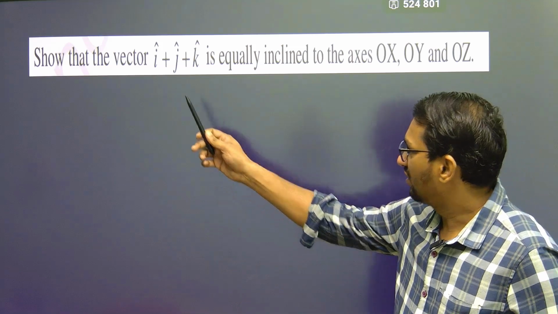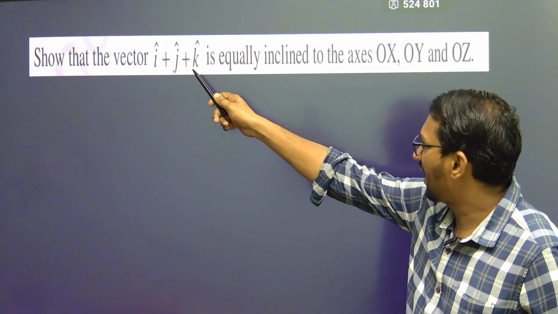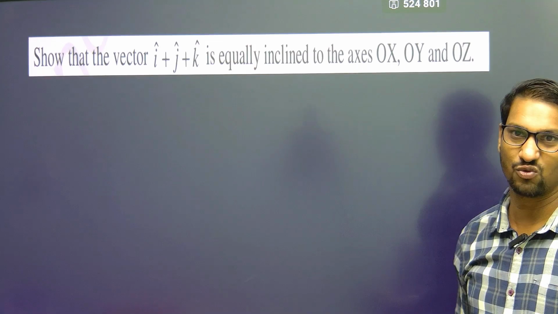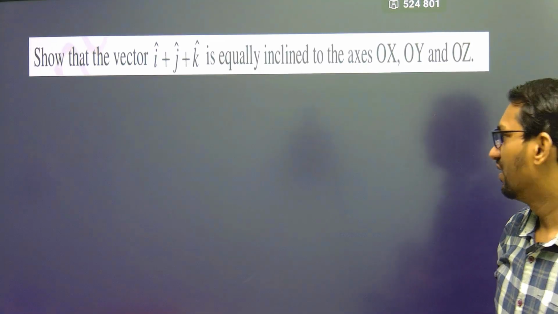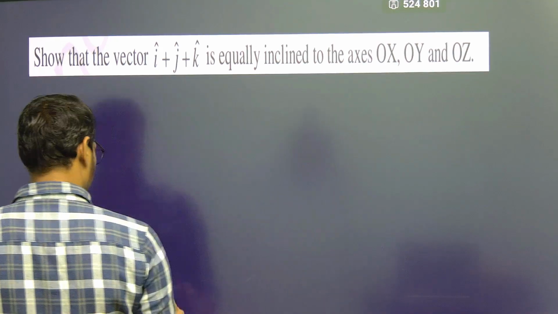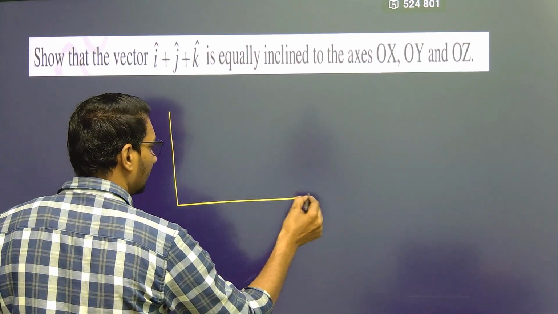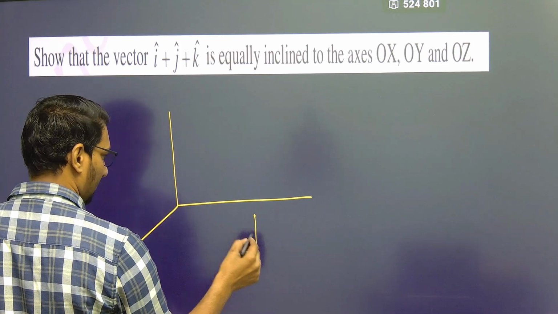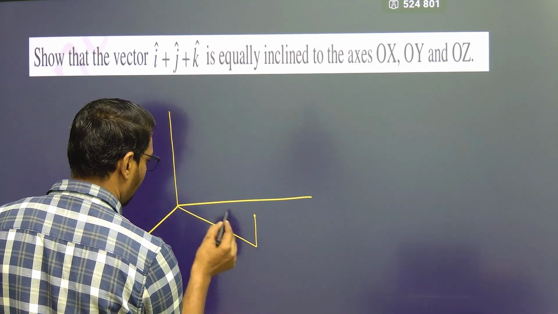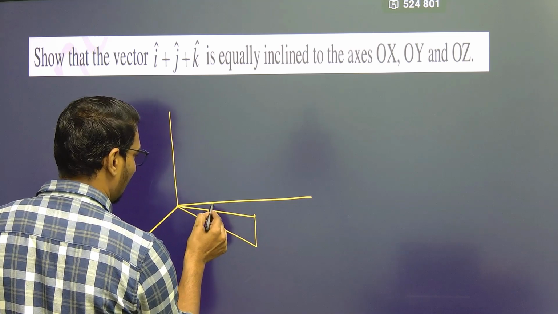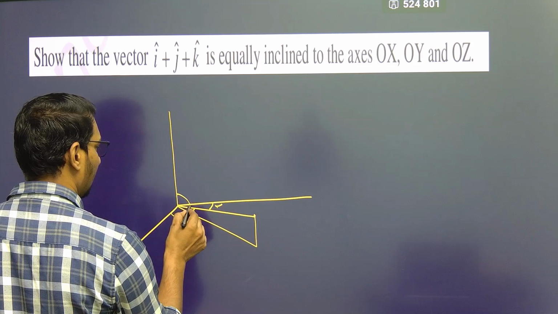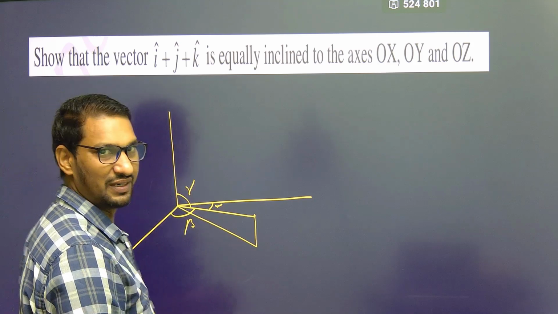There is a question: show that the vector i cap plus j cap plus k cap is equally inclined with the axes OX, OY and OZ. So friends, as we see, if there is a point P, then the angles made by this with the coordinate axes are alpha, beta, gamma.